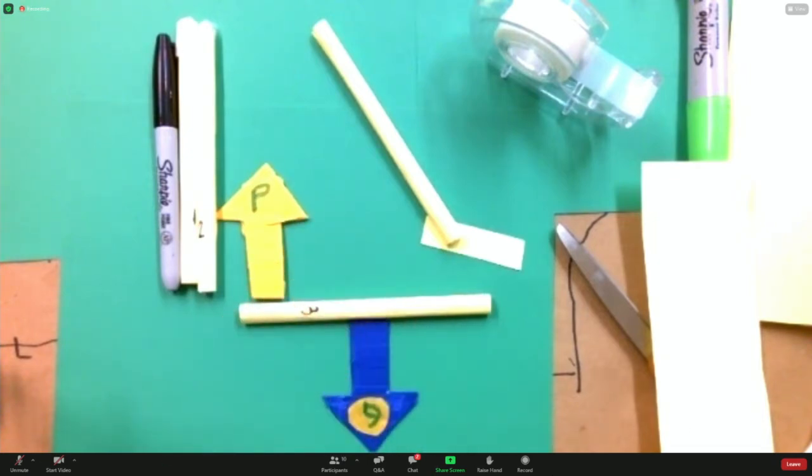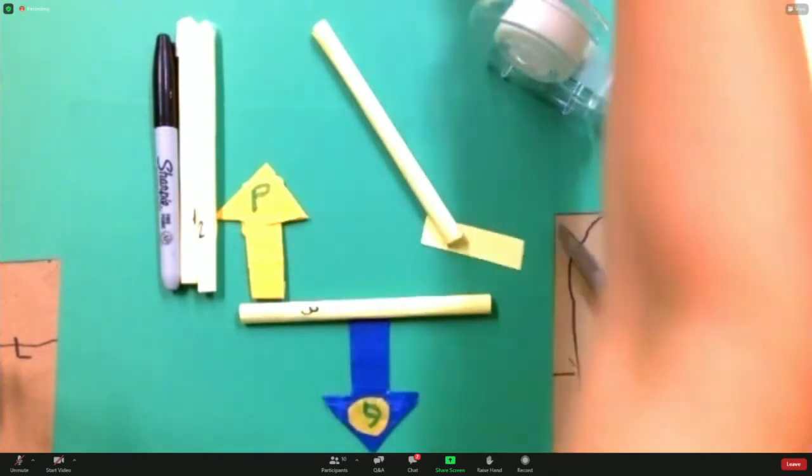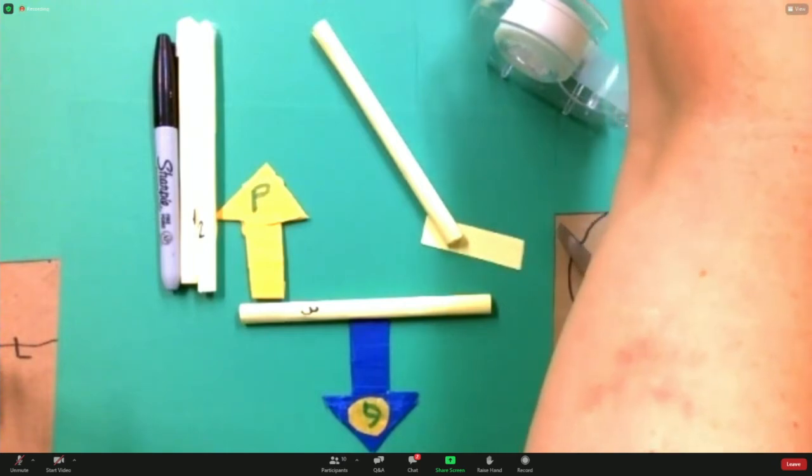Anybody want to put in the chat what rockets have in the back? All right, I'm going to tell you.